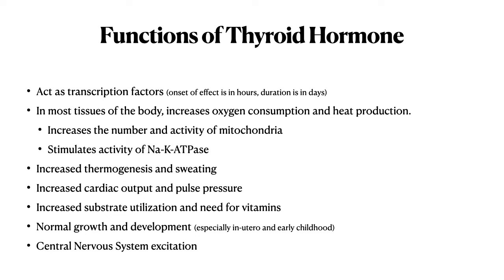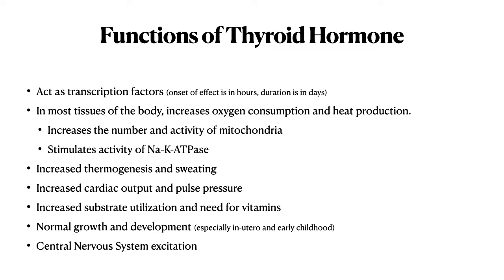In most tissues of the body, thyroid hormone increases oxygen consumption and heat production because it speeds up metabolism, which ultimately requires ATP and therefore is generated in the presence of oxygen. And so, the oxygen consumption and heat production increases.